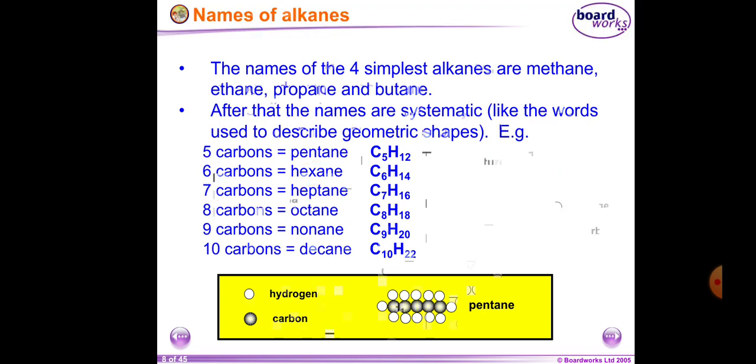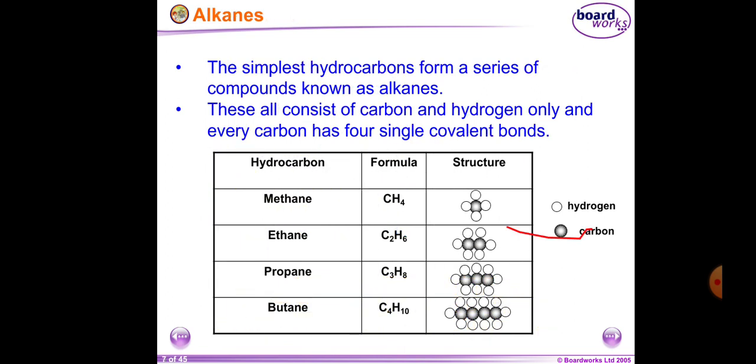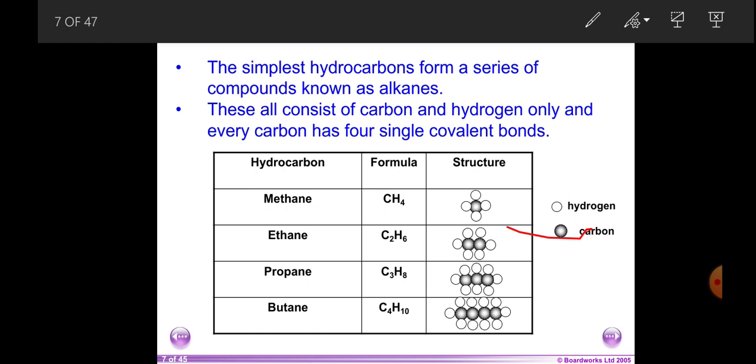If you add 1 carbon and 2 hydrogens to methane, you're going to get ethane. If you do the same to ethane, you get propane. If you do the same to propane, you get butane.